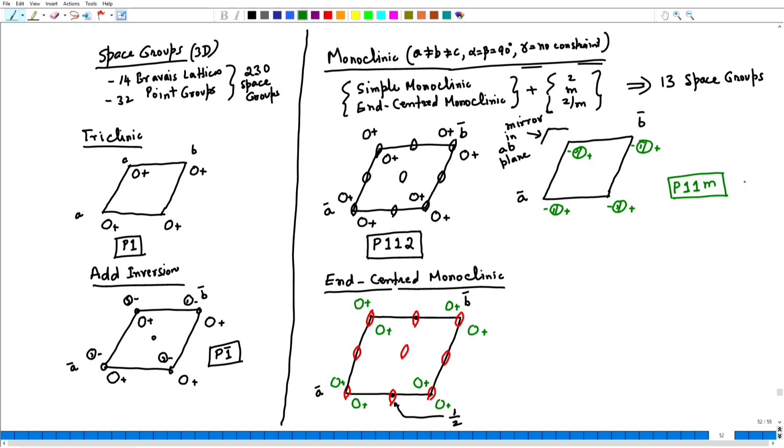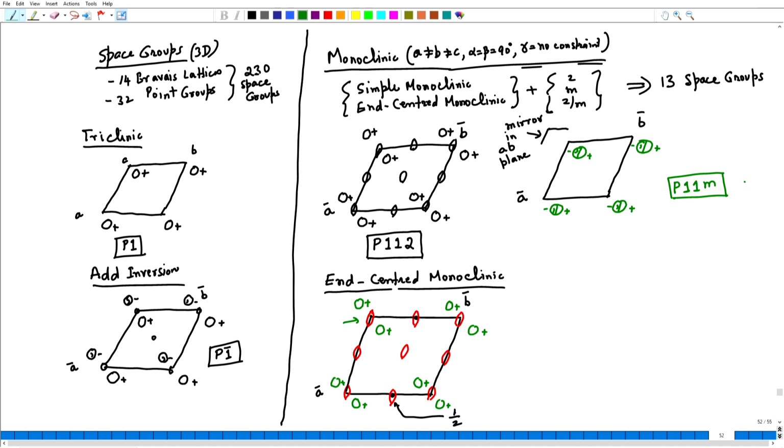But we still have another translation to take care of, and that translation is the centering translation. So, translation going from, let us say, the origin out here to the lattice point in the center of the BC face.